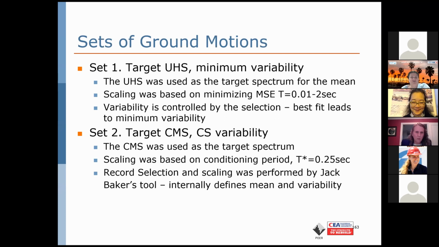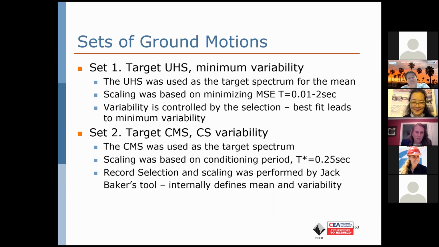These 2 major subsets of ground motion selection, one was using a UHS, the Uniform Hazard Spectrum, for the selection, and the other one is using the conditional mean spectrum as the target for the mean of each suite. Now, what really comes into play is what kind of variability do you have associated with these target spectra? We wanted something that was realistic and representative of what we wanted to do, but again, make it particular but not specific.